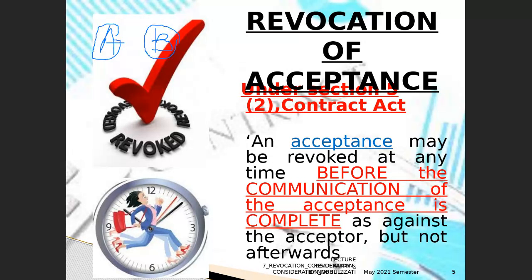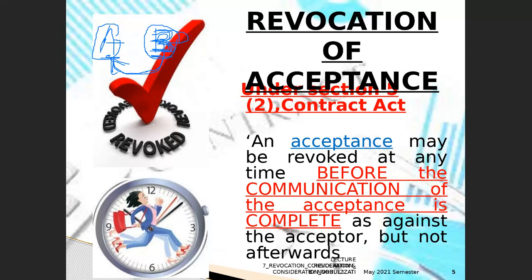So A is the offerer, B is the offeree. B can revoke the acceptance only when it is not communicated. Maybe he has the intention, but he or she did not reply yet to A. So before B replies, only then is he allowed to revoke the acceptance.